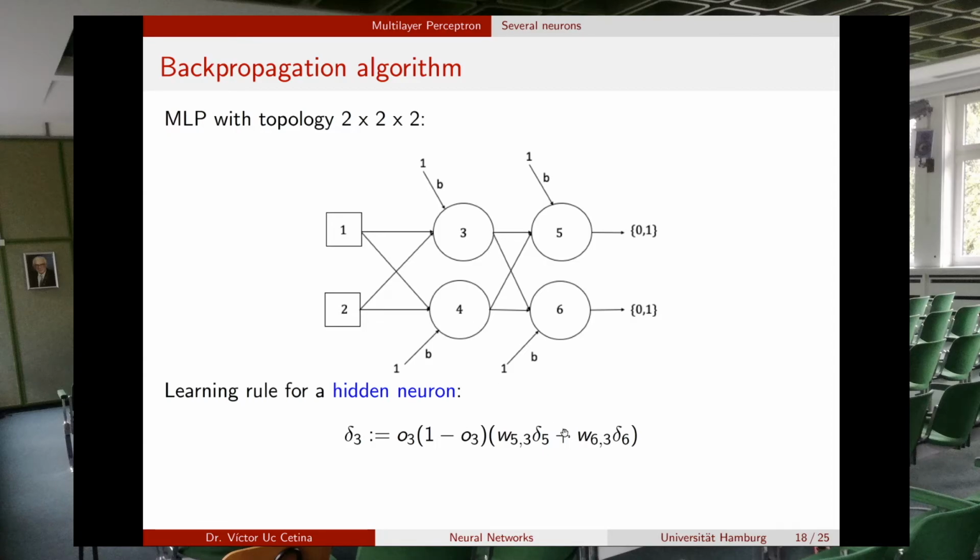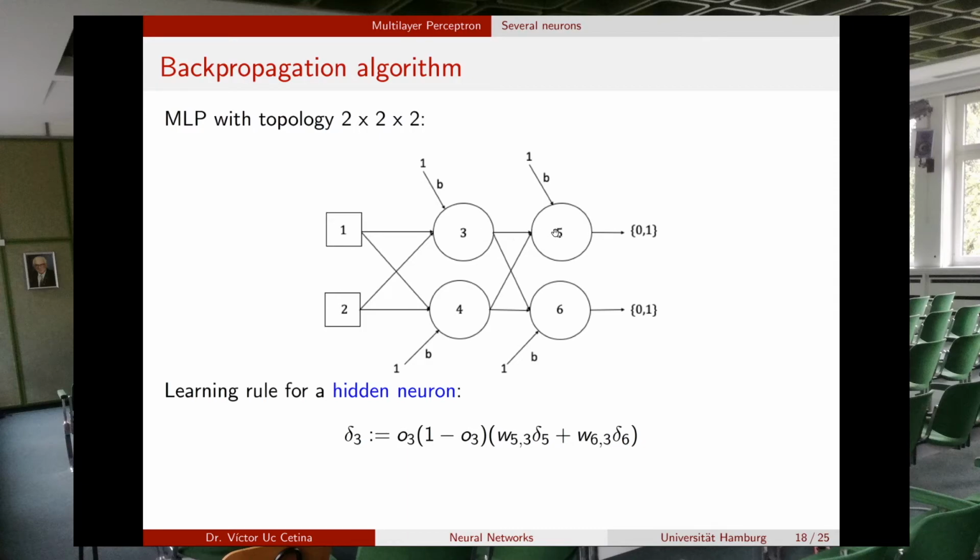Okay, so the way the backpropagation algorithm solves this problem is to consider the errors of the neurons in the next layer, like in this case the output layer, giving some weight to each of these deltas. So in this rule, for example, for delta 3, we have two outputs.